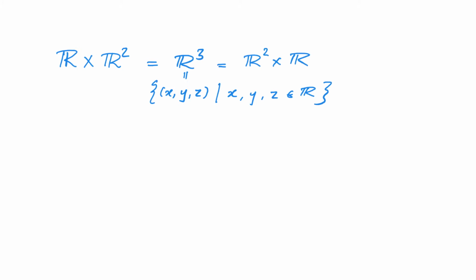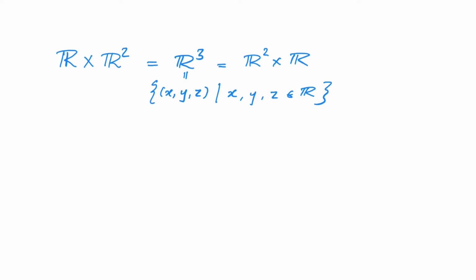Let us repeat. We treat R cross R2 and R2 cross R as the same and we call them R3. And this contains triples (x, y, z), where x, y and z belong to R.